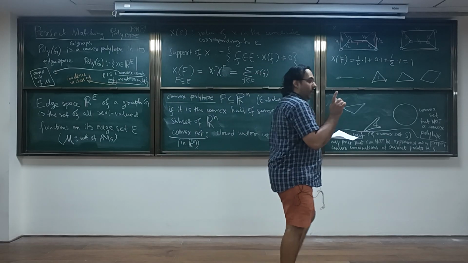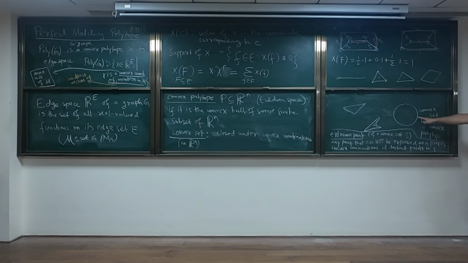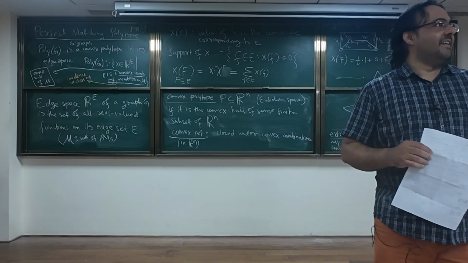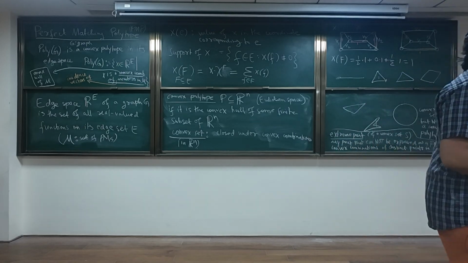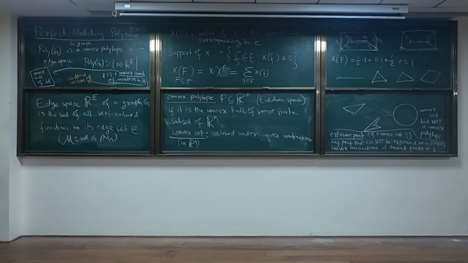One more point. A convex set need not actually have extreme points. This one, for example, the circle, it has extreme points. But in general, a convex set need not have extreme points. Can anybody give an example of that? The entire space. That's true. The entire space does not have extreme points. You can take Rn, that is a convex set, that has no extreme points.